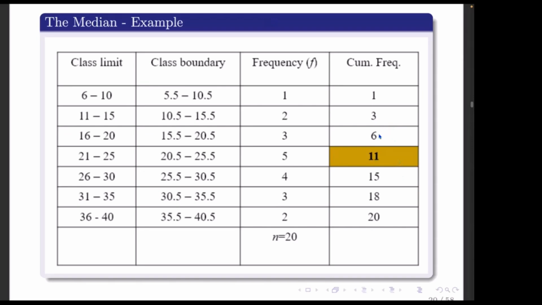So from 6, we know we have 7, 8, 9, 10. So 7, 8, 9, 10 to 11 can be found within this range, which is 21 to 25.